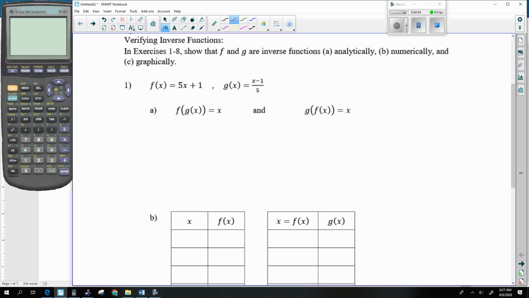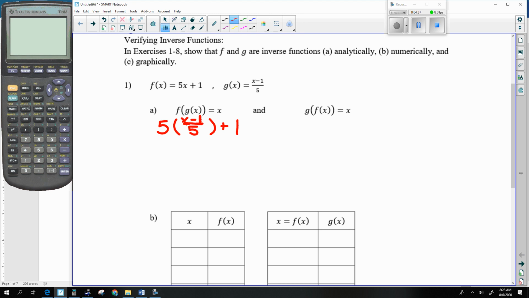So let's go with option A, and we're going to show that f of g of x is equal to x. In this first equation, we see that the f is the big outside function, so 5x plus 1. Now inside of that f, I put g, which is x minus 1 divided by 5.